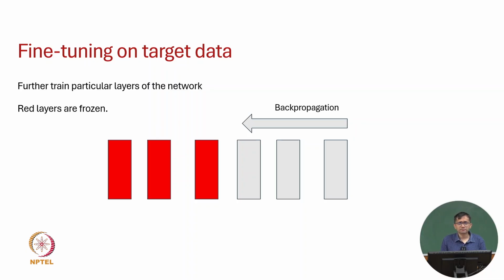You have, let's say, a network trained on ImageNet data, and let's say you want to now use this network on some Sentinel-2 dataset or some other dataset, let's say some Pleiades dataset, another sensor. And of course you don't have a dataset as large as ImageNet, but you have some training dataset on this target sensor or the target domain.